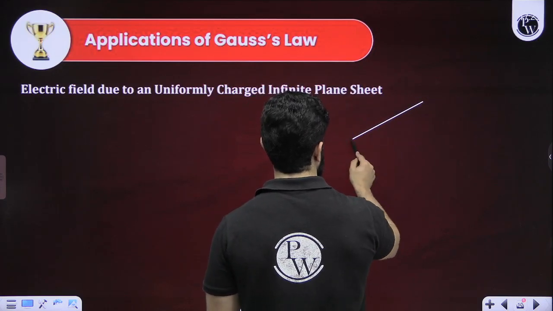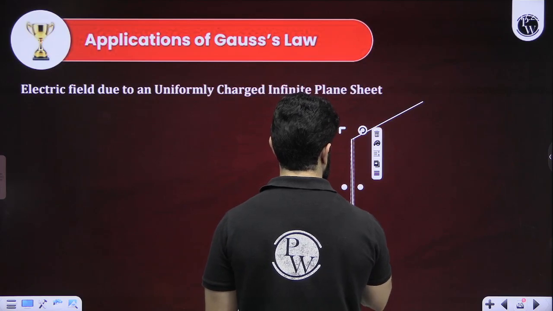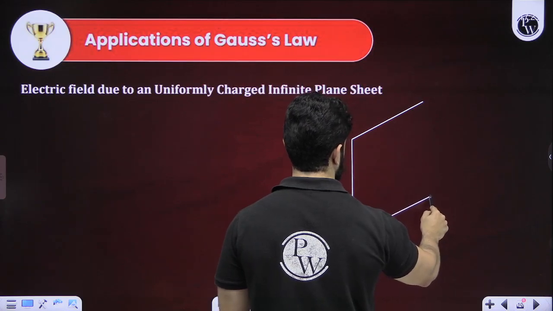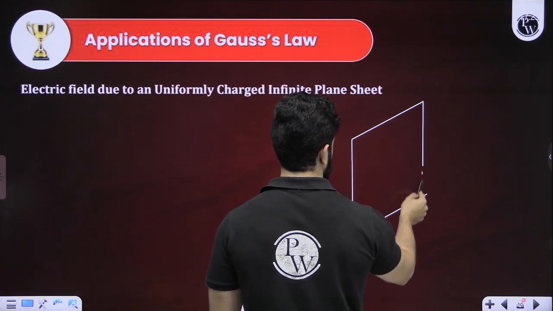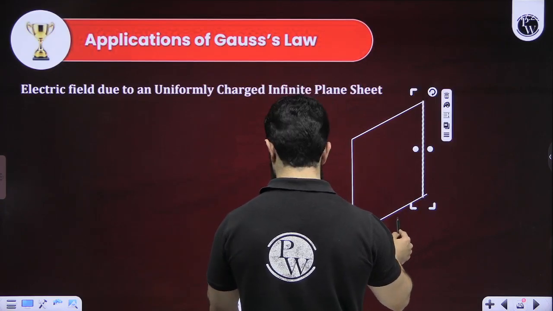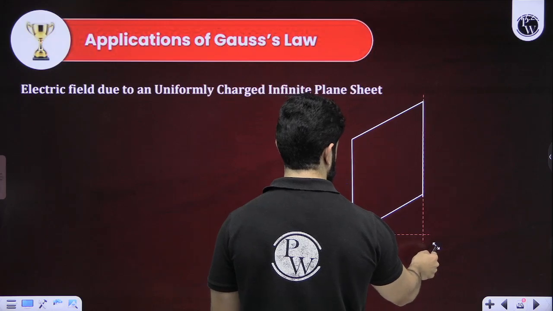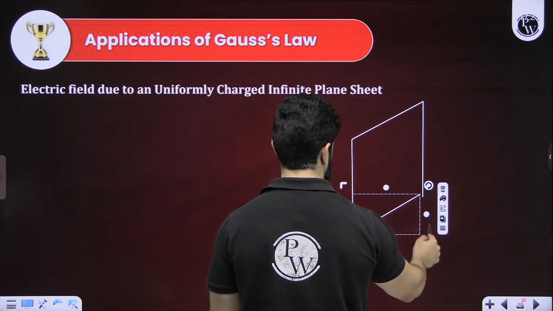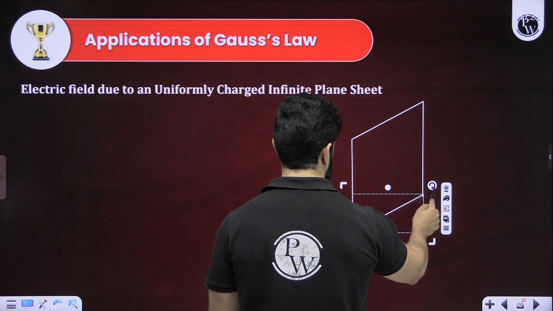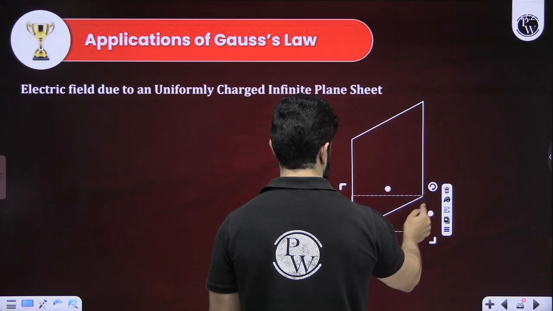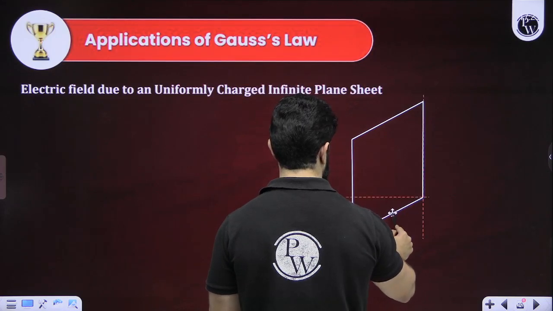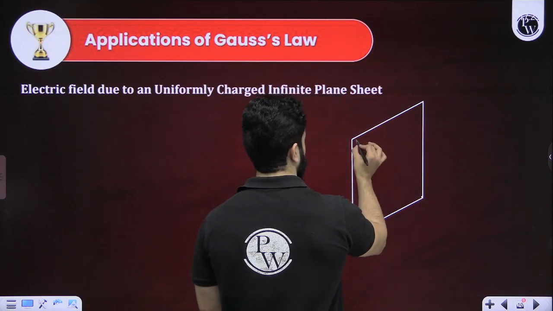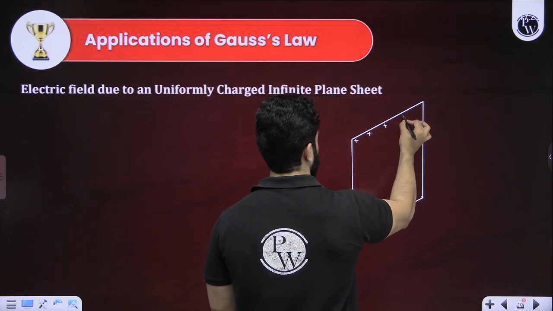Now you have got a two-dimensional figure, something like this, and let's say, by the way, this is a non-conducting sheet.